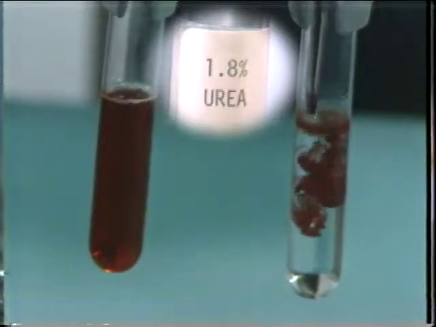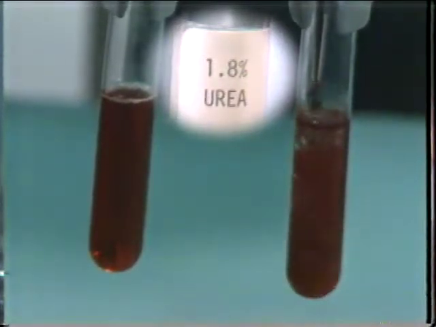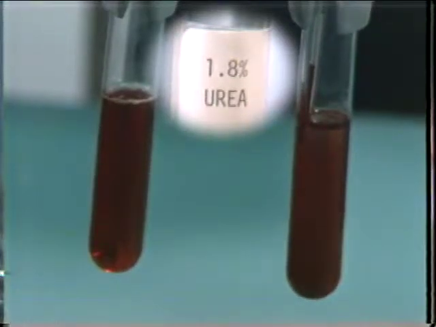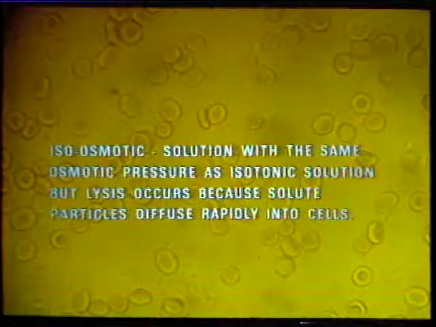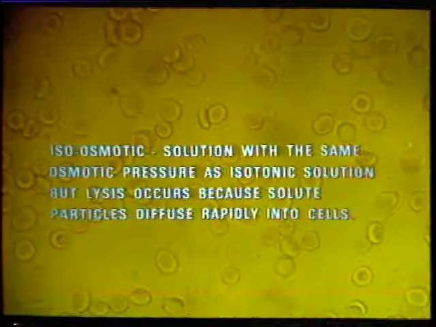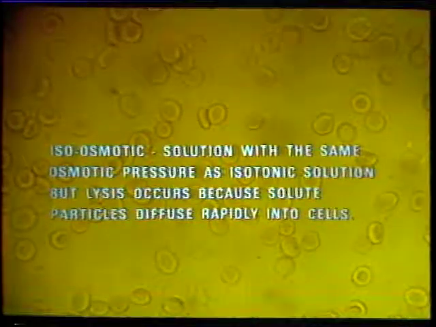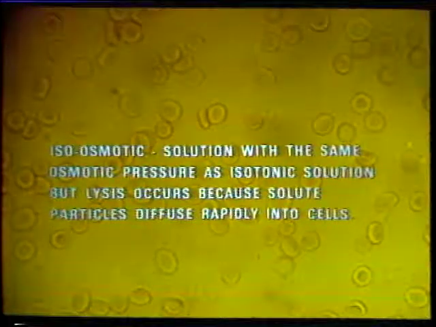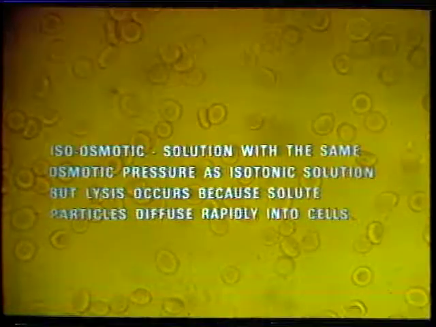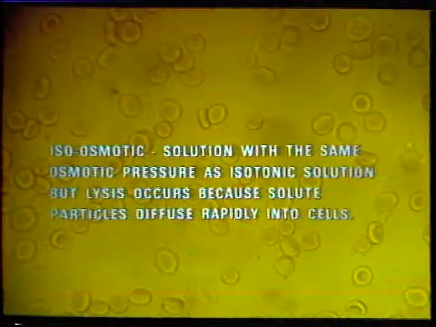The cells will rapidly hemolyze because urea is an isoosmotic solution. Isoosmotic means a solution with the same osmotic pressure as an isotonic solution, but lysis occurs because solute particles, like urea, diffuse rapidly into the cells.